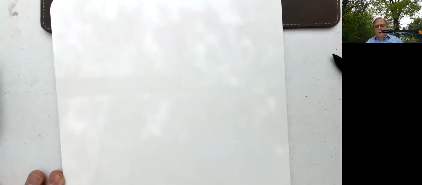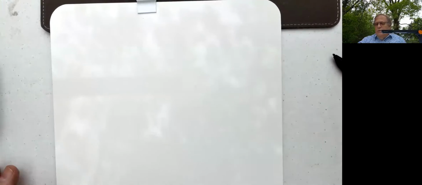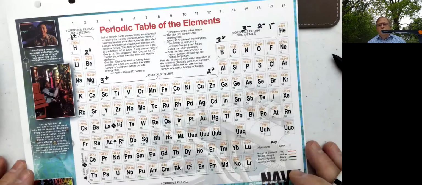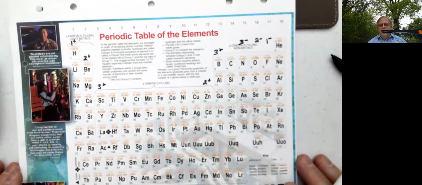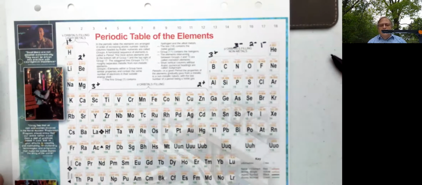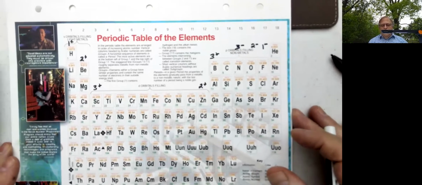There's the whiteboard. So here we have the periodic table. And notice I put some numbers up here. I'll pause in a few minutes and get back to that and let you copy them down. But for right now, let me just give you a little review.